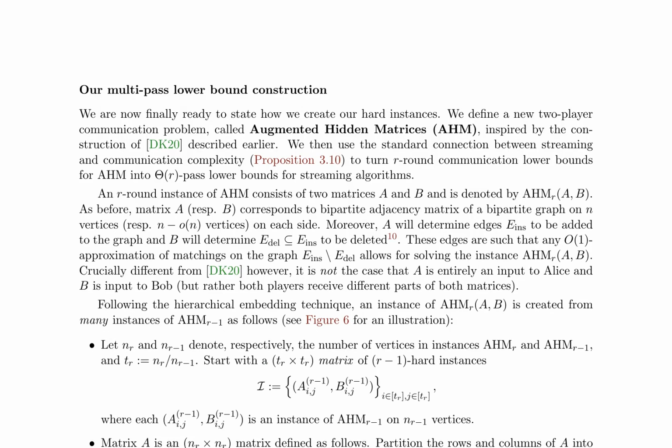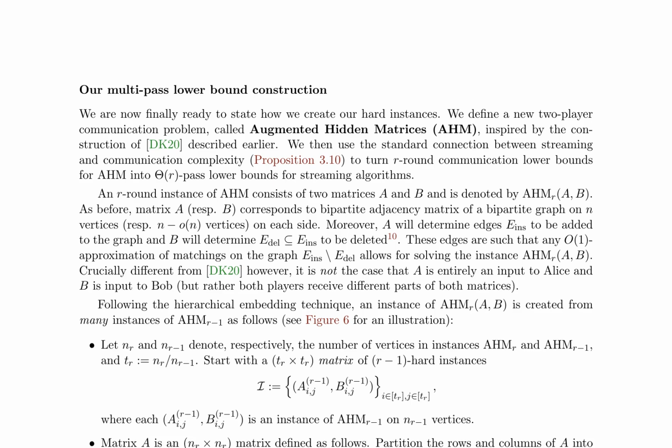The authors present a multi-pass lower bound construction for the augmented hidden matrices AHM problem, a two-player communication problem inspired by the construction of DK20. The construction involves creating a hard instance of AHM_R by hierarchically embedding many instances of AHM_{R-1} into a larger instance.